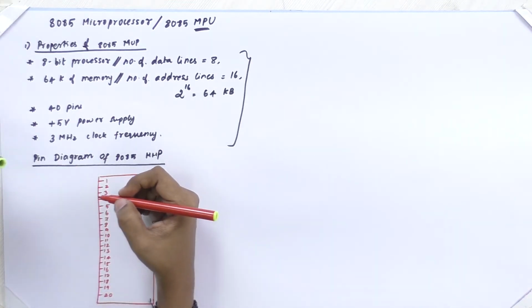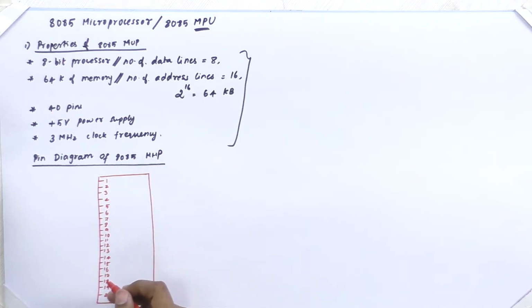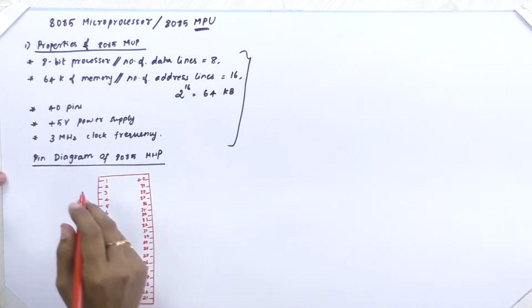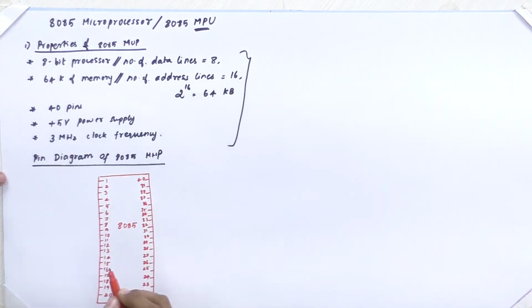On the left side, the pins are numbered from 1 to 20 in top to bottom fashion. On the other side, they are numbered from 21 to 40 in bottom to top fashion. So this is the pin configuration of the 8085 microprocessor.